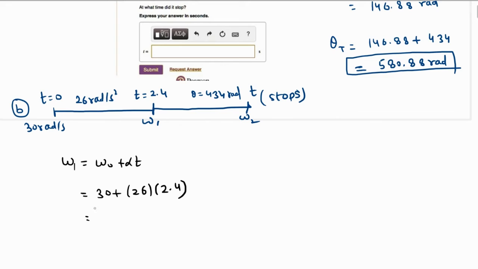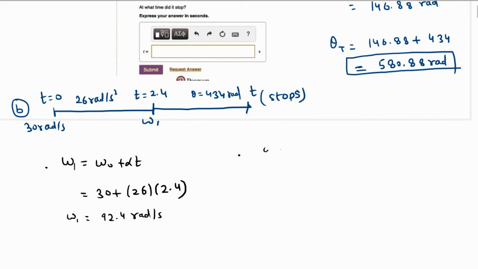So this value comes out as 26 times 2.4 plus 30, which is 92.4 radian per second. That is the value of omega 1. So if we know omega 1, then we can find the acceleration in the other case, because omega 2 is nothing but 0 because it stops.